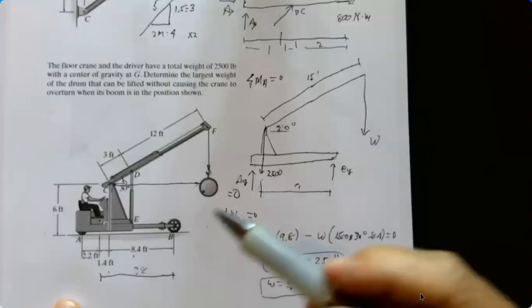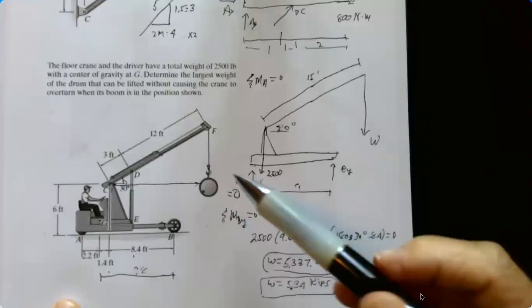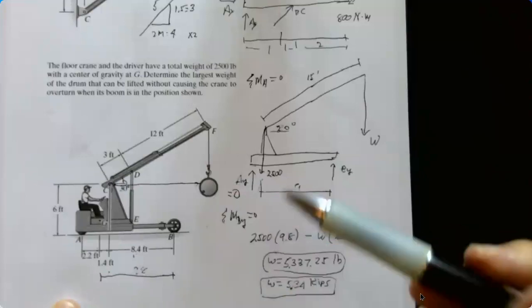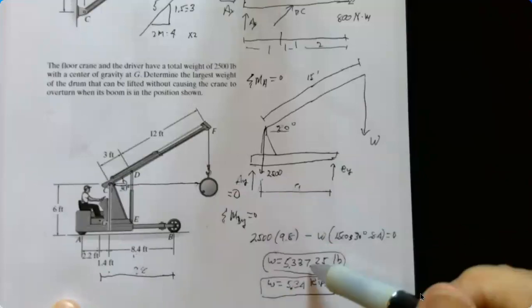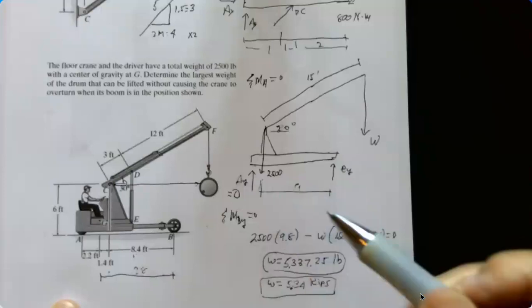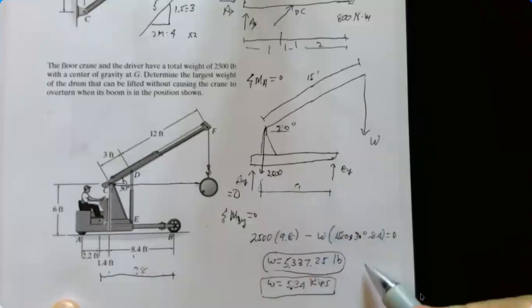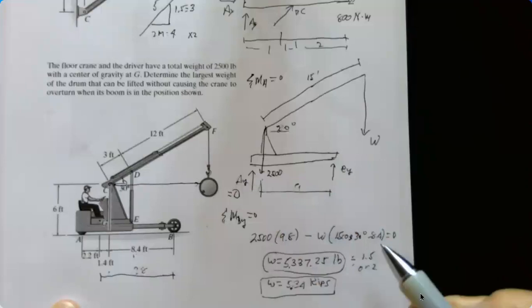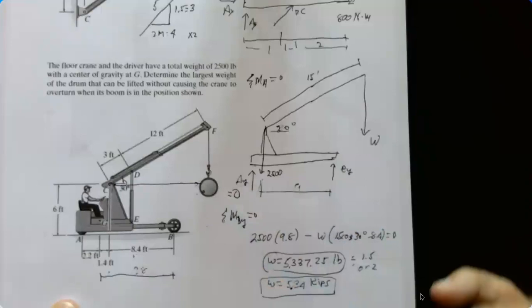This crane would not be rated for that weight. Depending upon the factor of safety you want to put on there, you would divide this by 1.5 or 2, probably, and that would be the maximum weight that you would carry out here. You want to always have a factor of safety.